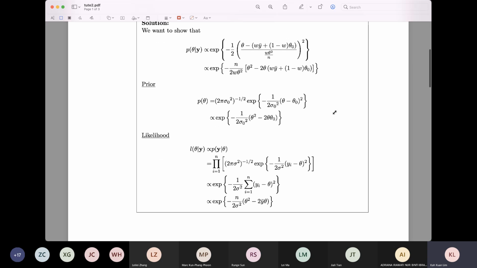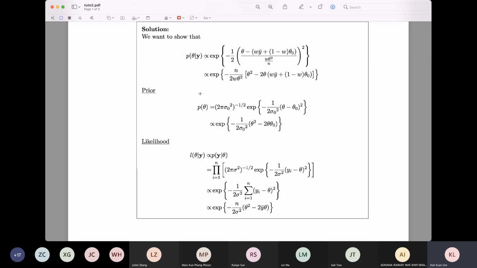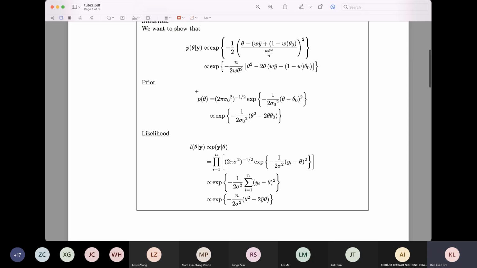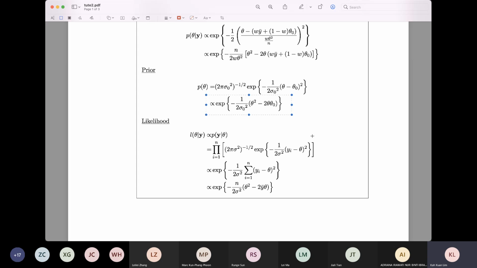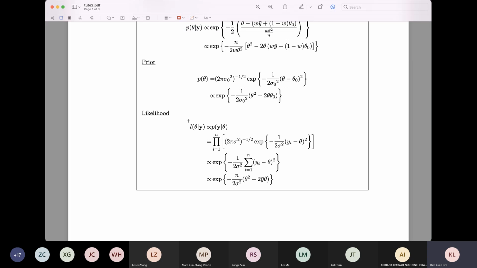To find the posterior, we need the prior and likelihood. For the prior, we can find the kernel using a similar method. So we have this as our kernel for the prior, and the likelihood is proportional to the product of the density function for y1 to yn.